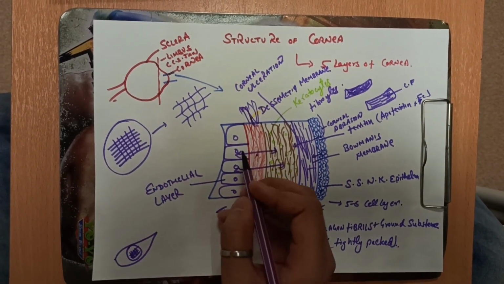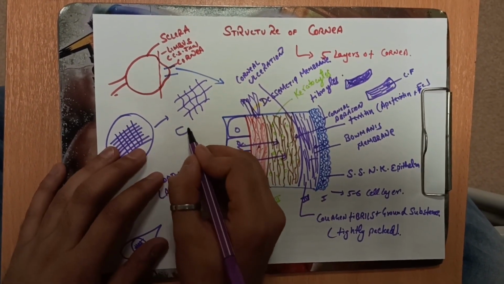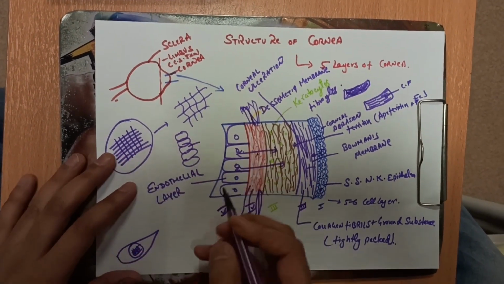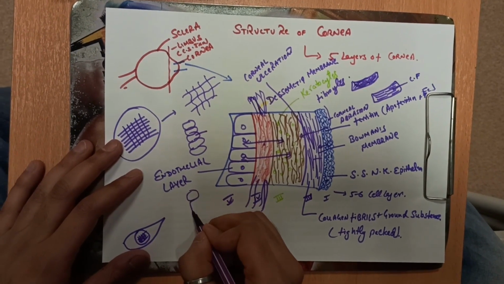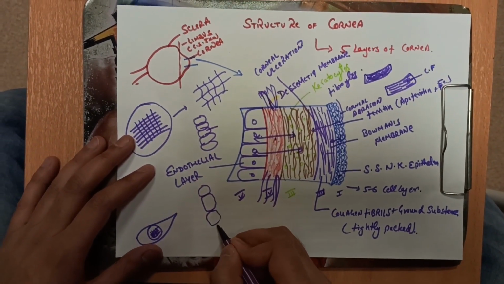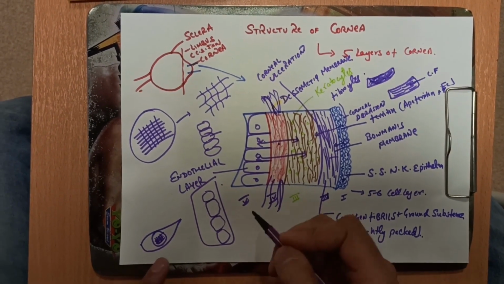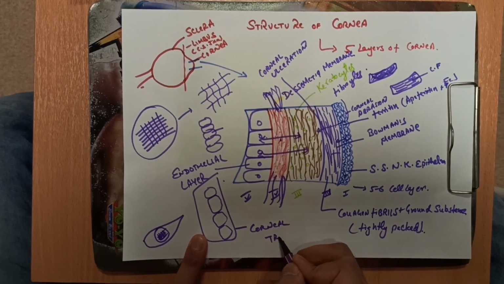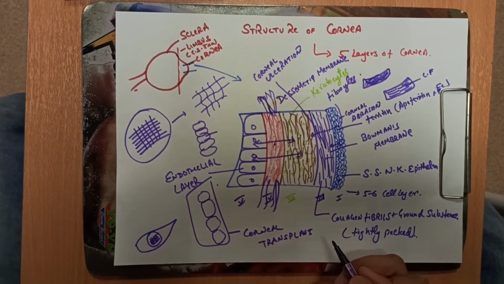In some cases, if these endothelial cells get damaged, suppose these are 5 endothelial cells, and if this cell gets damaged, the surrounding endothelial cells will increase their length and will cover. But in case this whole endothelial layer is disrupted, then a corneal transplant is done. Corneal transplant is mainly performed.